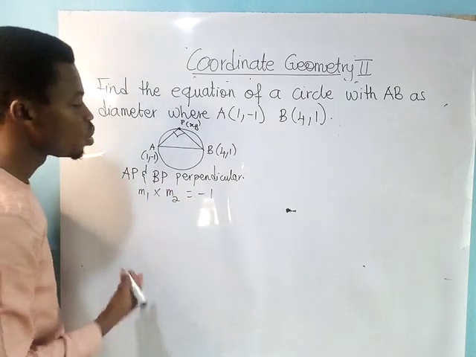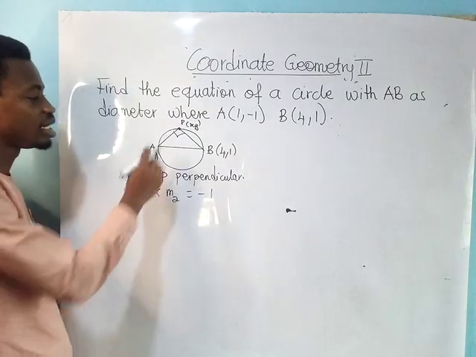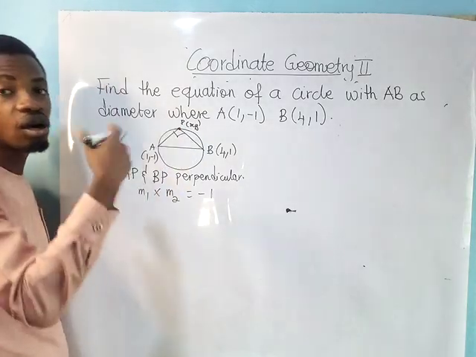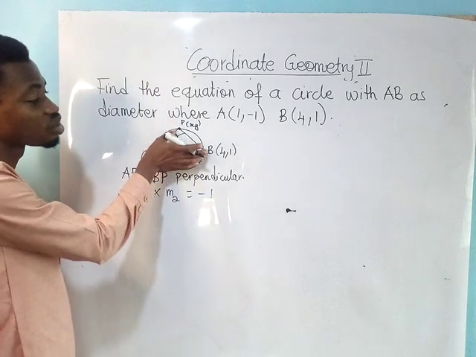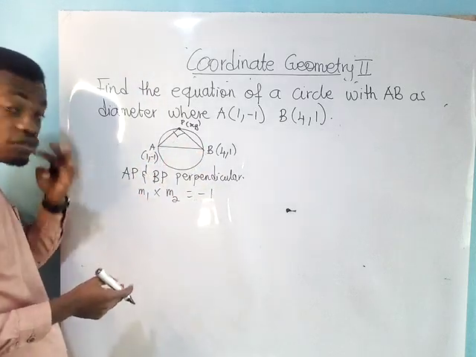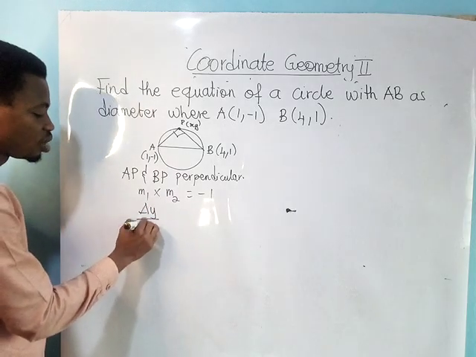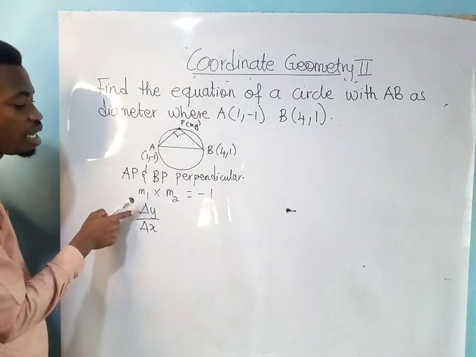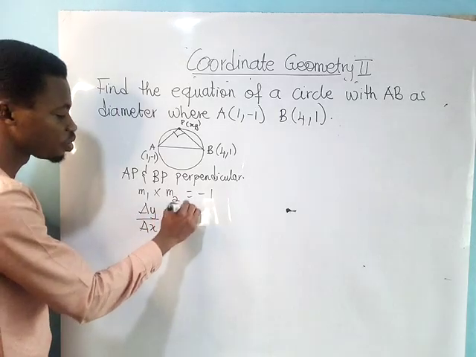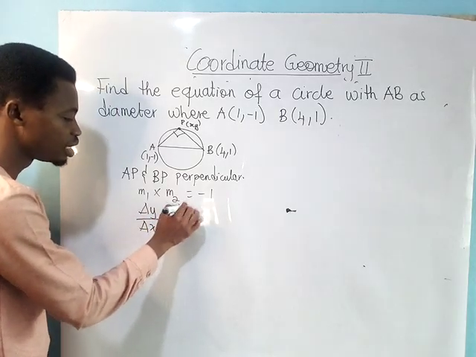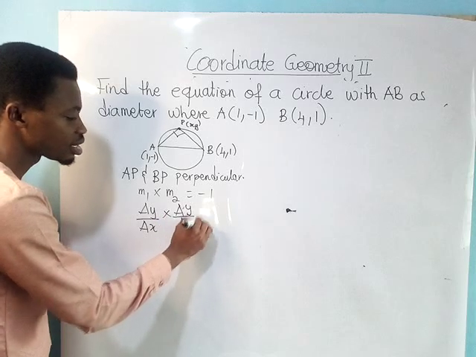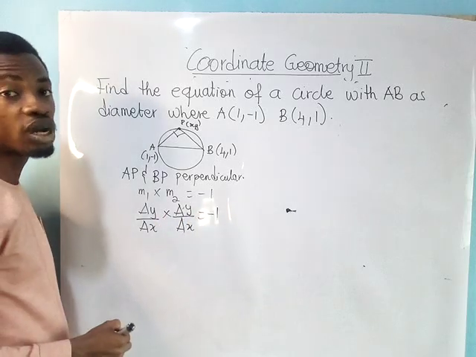So we can find the gradient of AP, then multiply by the gradient of BP, and we must obtain negative 1. So let's see. Gradient is giving us change in y over change in x. So this is for AP, multiplying that of BP, change in y over change in x, must give us negative 1.